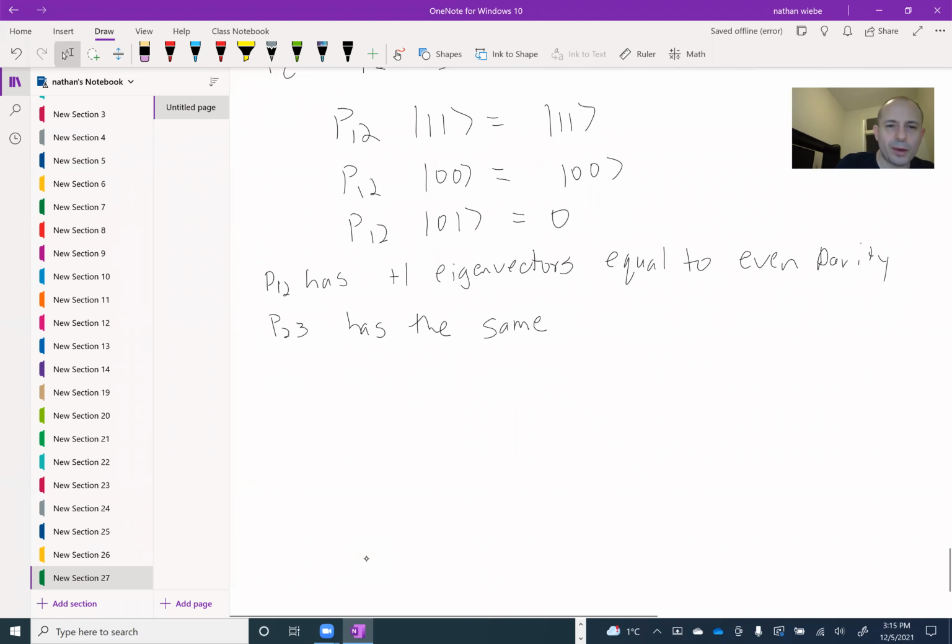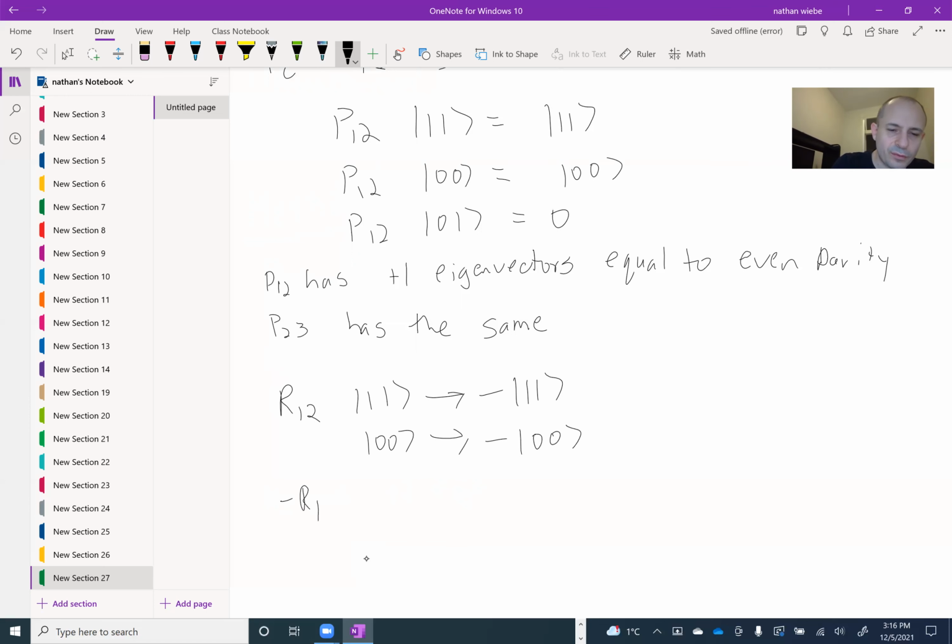For P12, R12 has to, in our particular case, map 1, 1 to -1, 1 and 0, 0 to -0, 0.